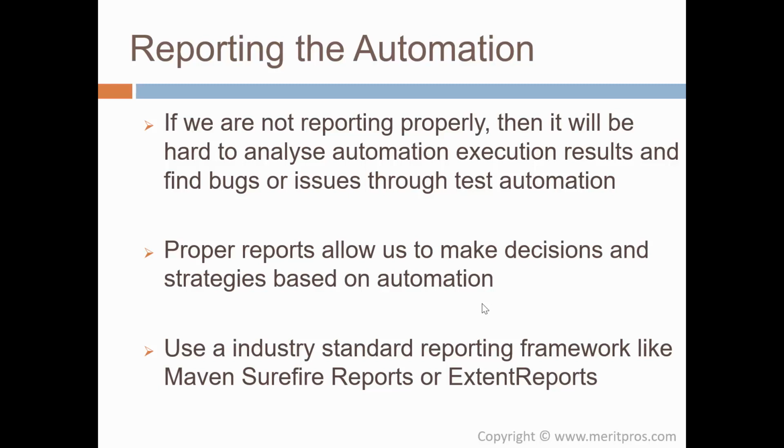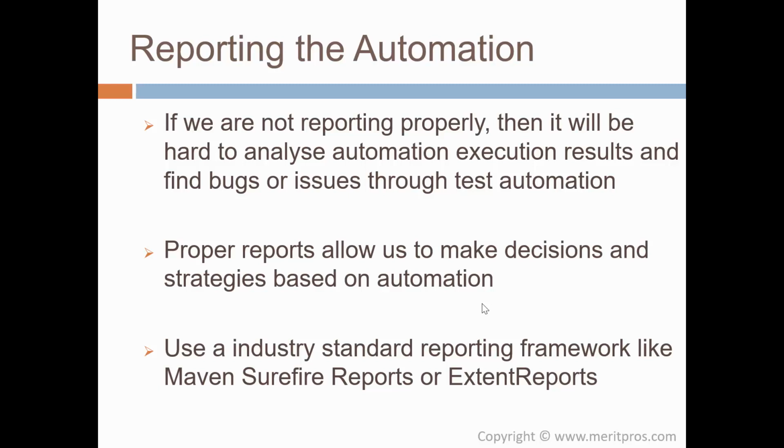Because if you are just executing, you are not getting any logs, or you are not getting any screenshots, or you are not getting any exceptions, you are not reporting them, then it is hard to debug, it is hard to go and find the issues. So make sure that you are reporting all the required details properly, you have proper reporting framework, because proper reports allow us to make decisions and strategies based on automation.